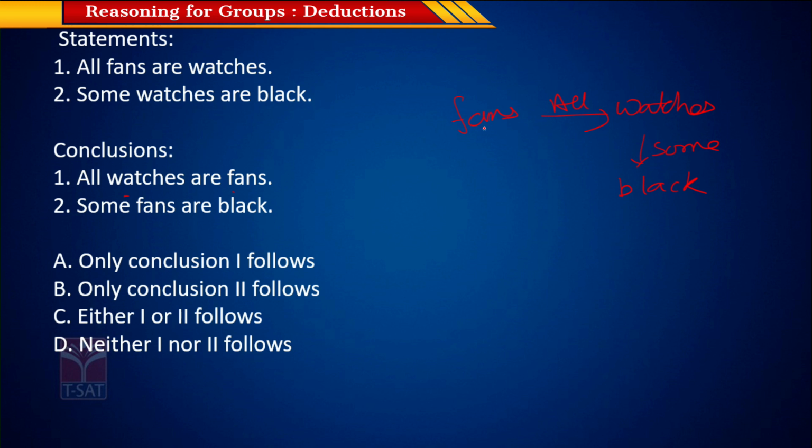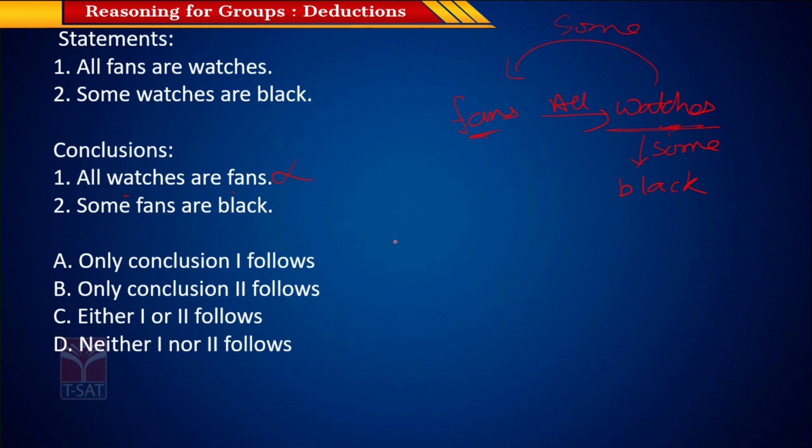You know that all the fans are watches, but that does not mean that all watches are fans. It can say that some watches are fans. Whenever you see all of something on the left side is something on the right hand side, you can only say that some of something on the right hand side is what's on the left hand side. So if you say that all fans are watches, you can only say that some watches are fans. You cannot say that all watches are fans. So this is not a valid conclusion.